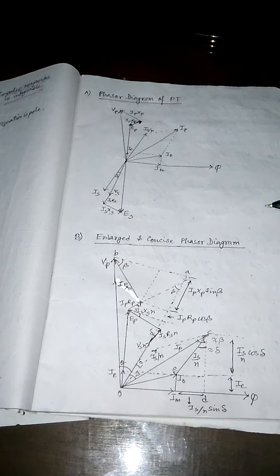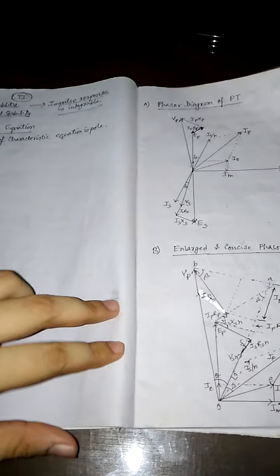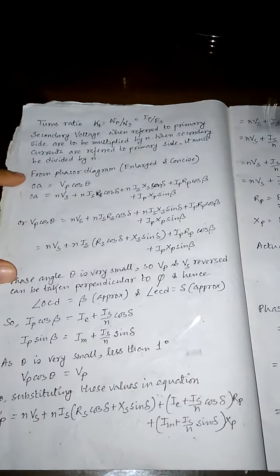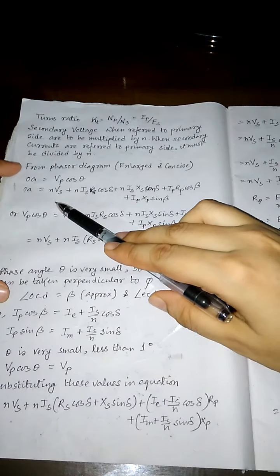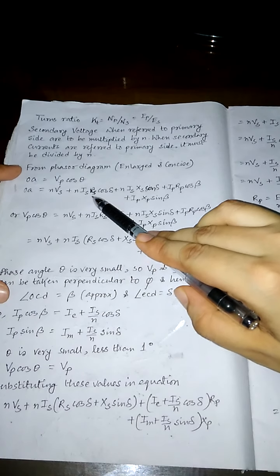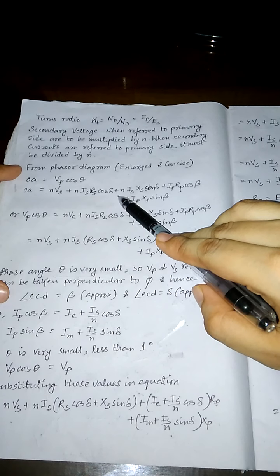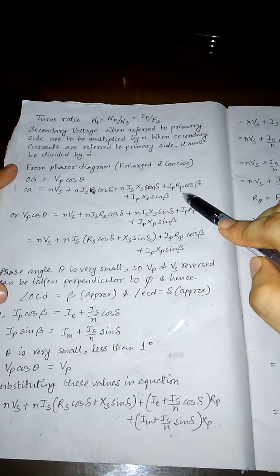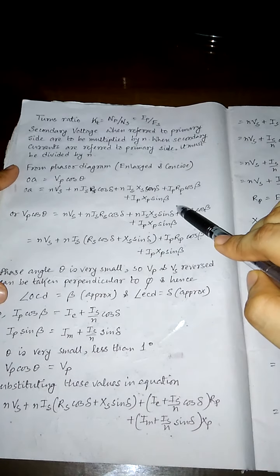So that is VP cos theta. Then what happens? We are considering that by this term, that is VP cos theta, that is equal to NVS plus NISRS cos sigma plus NISXS sin sigma plus IPRP cos beta plus IPXP sin beta.